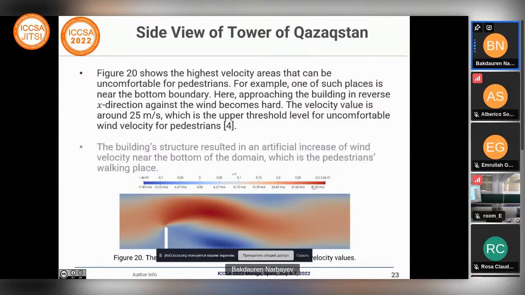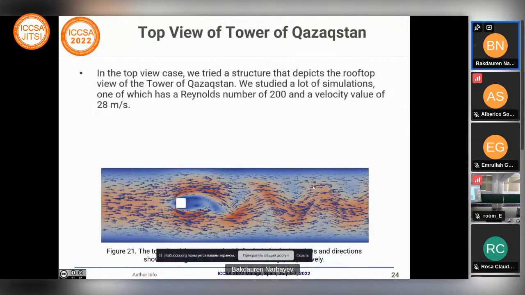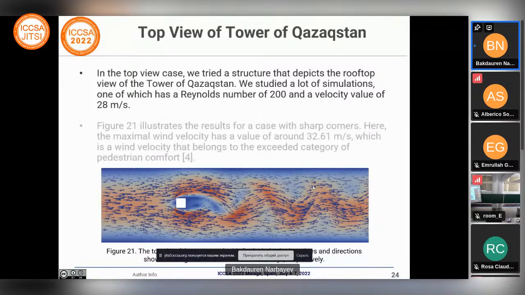In the top view case, our focus was shifted. We wanted to examine what type of corners are best to hold the velocity of the wind. So again, for Reynolds number of 200 and velocity value of 28 meters per second, we got a maximum value of wind of around 33 meters per second for sharp corners.